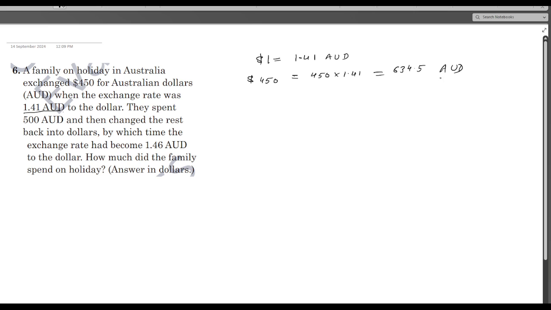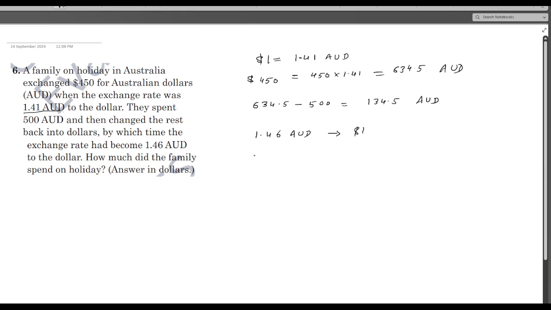Now they spend 500 AUD. So when you spend 500 AUD, 634.5 minus 500 AUD, the remaining is 134.5 AUD, by which time the exchange rate had become 1.46 AUD to a dollar. So now 1.46 AUD becomes $1.